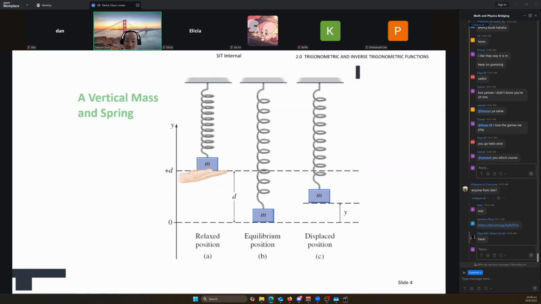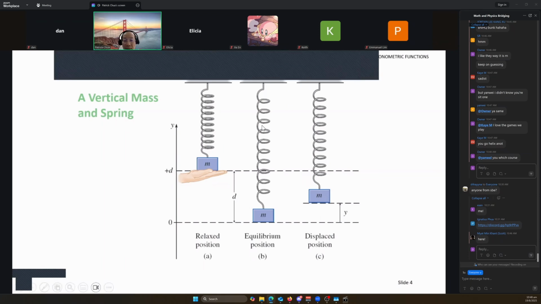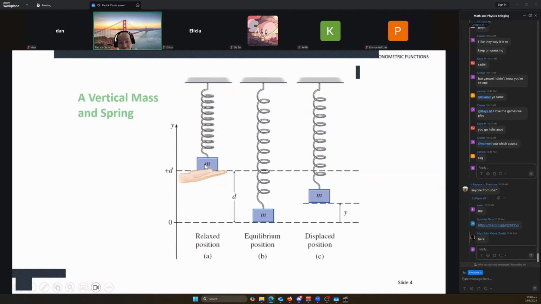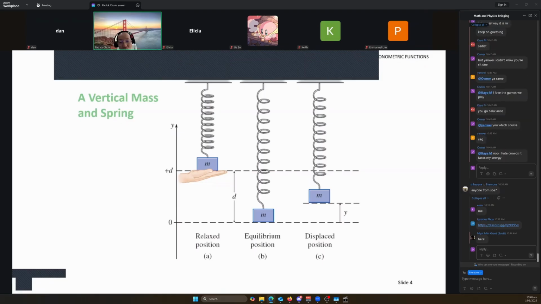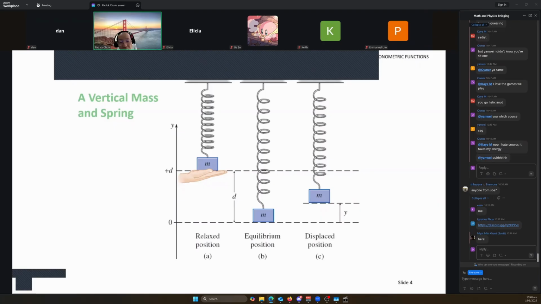Okay, so I hope that is clear. So this spring mass system, on the left here, once you let go, because of the weight of the mass, it will come down to here. Then it remains still.